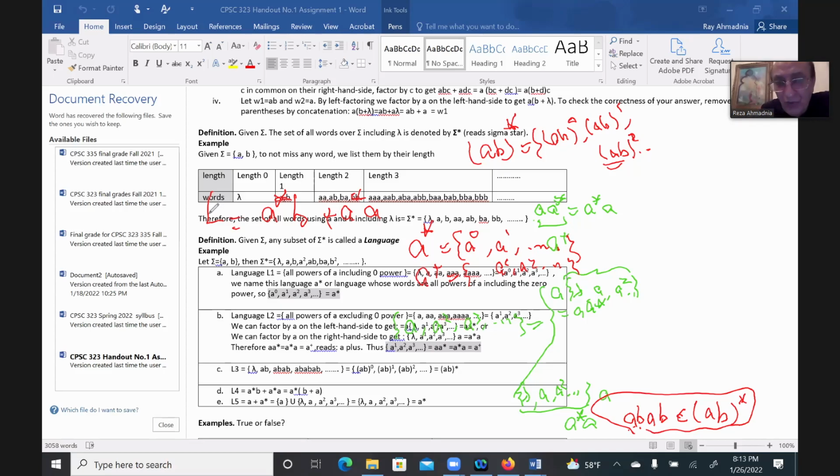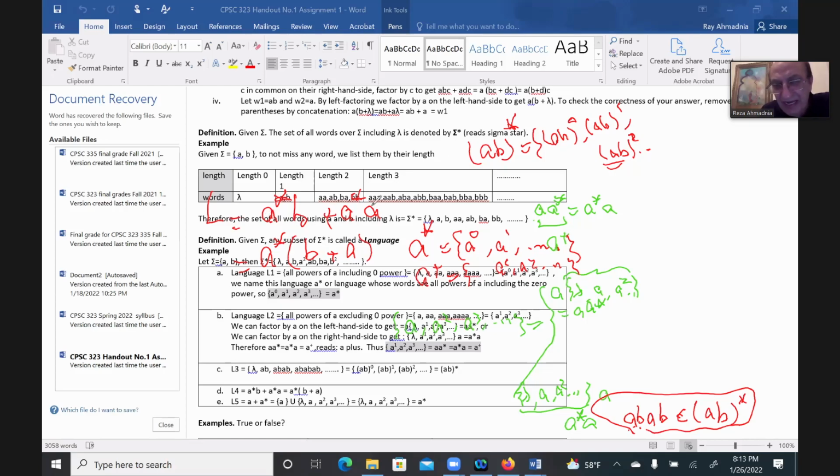So who are the words in this language? All these words, union with all these words here. Can you simplify this one? Yes, they have A star in common on the left-hand side. So I factor by A star. From this one, the leftover is B. From this one, the leftover is A here.